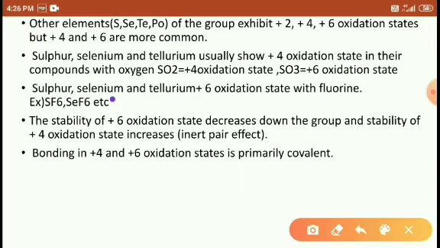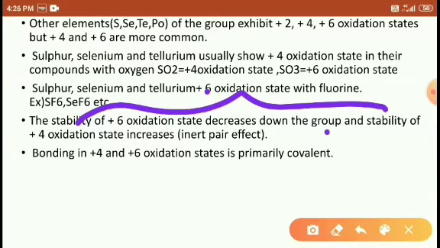Sulfur, selenium, tellurium show +6 oxidation state with fluorine, like sulfur hexafluoride, selenium hexafluoride, tellurium hexafluoride, etc. These show the +6 oxidation state. The stability of the +6 oxidation state decreases down the group and the stability of +4 increases.